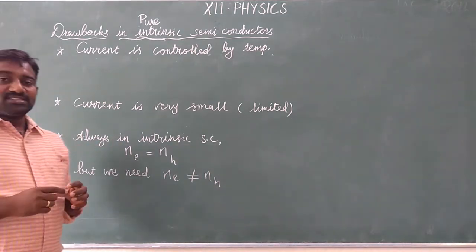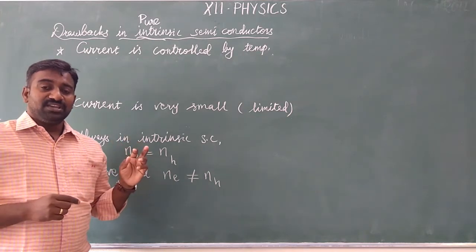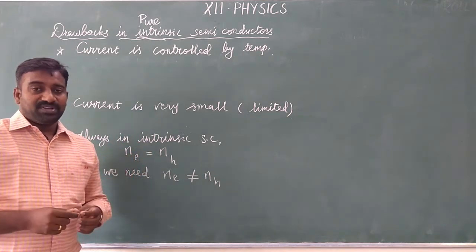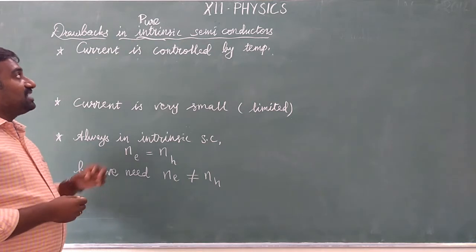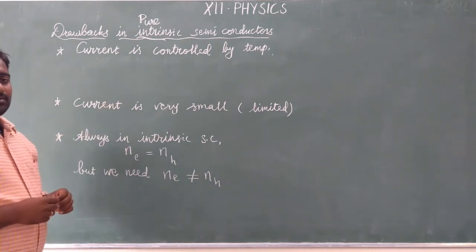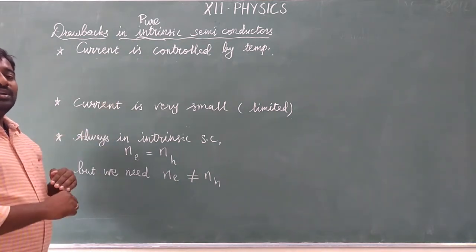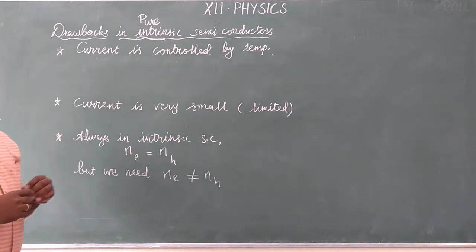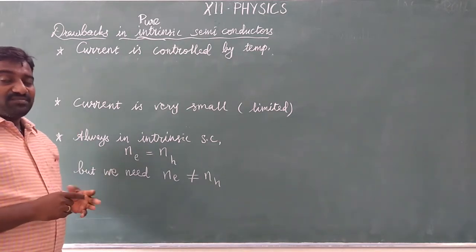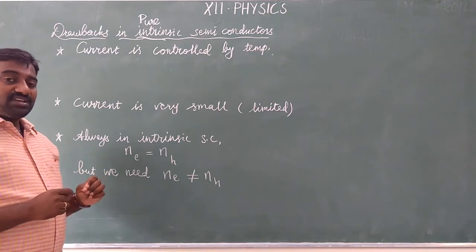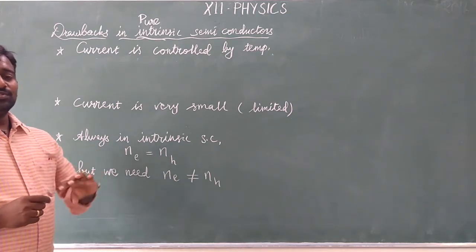Before knowing the drawbacks, we have seen that the intrinsic semiconductor at very low temperature, particularly at 0 Kelvin, acts like an insulator. So we need to raise the temperature of the semiconductor. While we are raising the temperature, there is a possibility of the electrons or the holes to move.